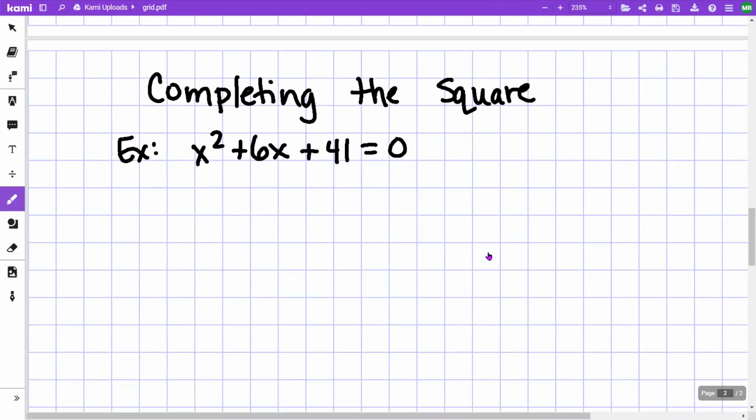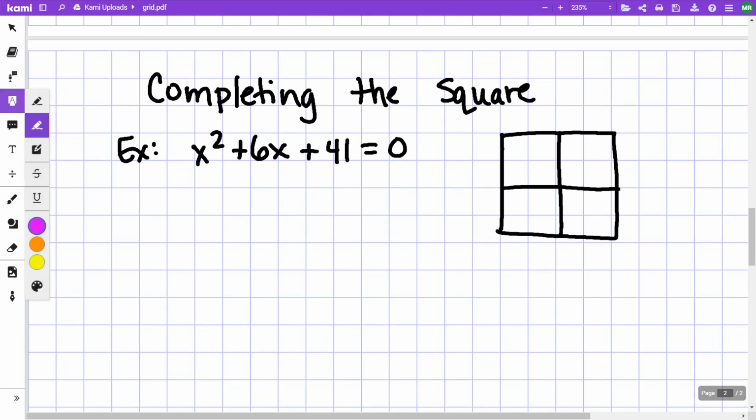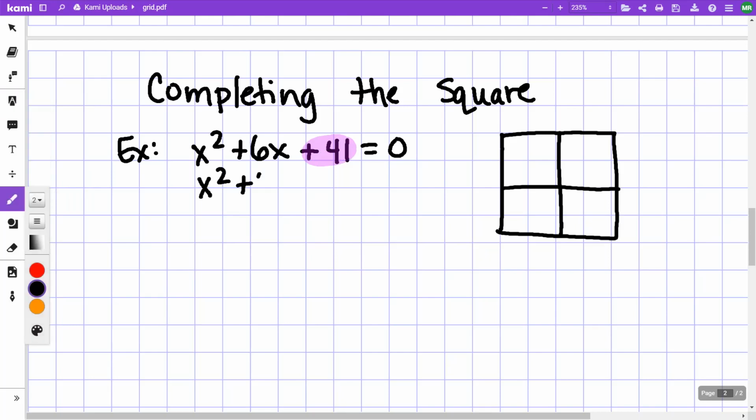So a couple ways to do this. One way is to literally do a box, okay, and we want a square. So what I generally do is this 41 is not making a perfect square, so I'm going to actually subtract the 41 to the other side. Okay, and then I want to figure out what I'm going to put here. Whatever I put there, I'm also going to put here.